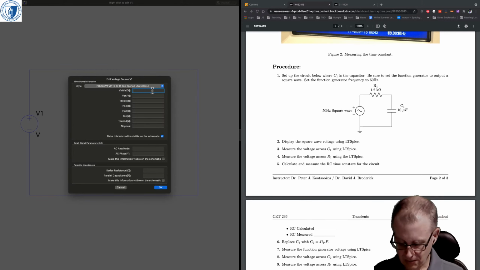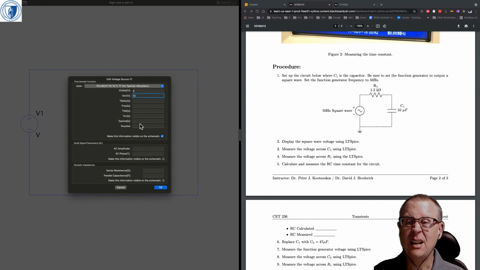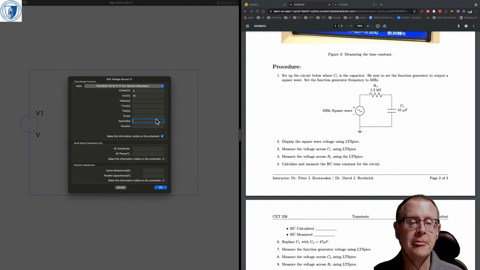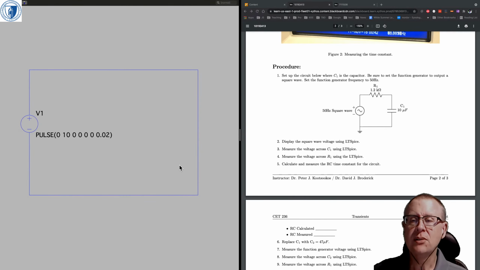So the V initial, let's make the V initial 0, V on is 10 volts, and let's just see what that does. Time delay of 0, rise time of 0, T on, T period, and we need 50 Hertz, so the period's going to be 0.02, 20 milliseconds. Let's see if that works.